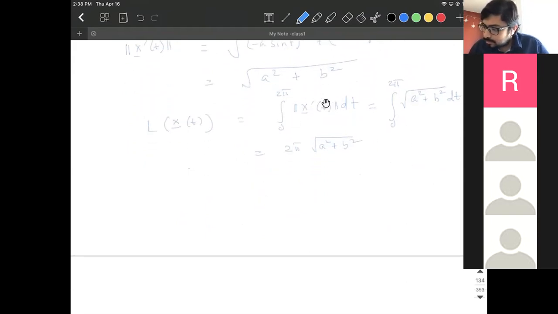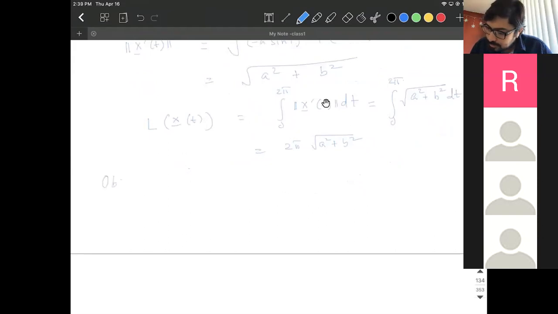Okay, so small observations. And all of this follows from the usual Riemann integration.